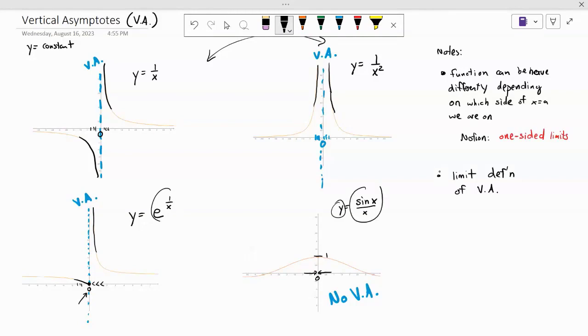We're no longer dealing with algebraic functions, like polynomial divided by polynomial with square roots and whatnot. We're dealing with a broader class of functions where the pre-calculus tools that you've learned are no longer sufficient to tell you whether you have a vertical asymptote or not. So we have to use this calculus notion of limits to define asymptotes.